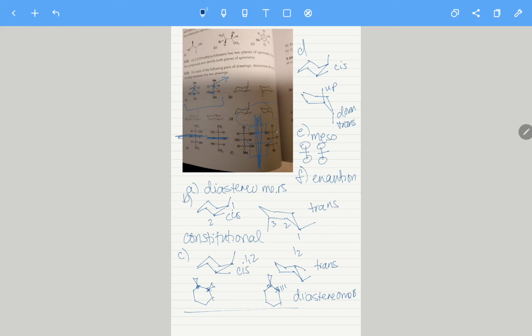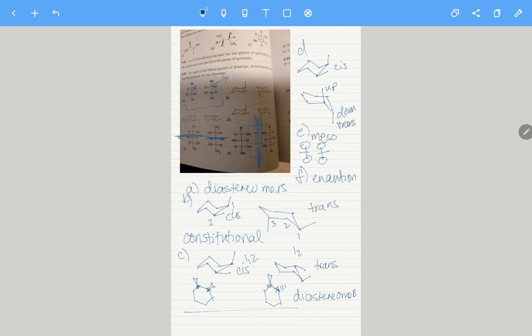So these are non-superimposable mirror images. The tricky part is because we don't have wedges and dashes, you might not notice that it's not superimposable. Just imagine that this OH over here was a wedge. If I were to flip it to the other side, it would become a dash.